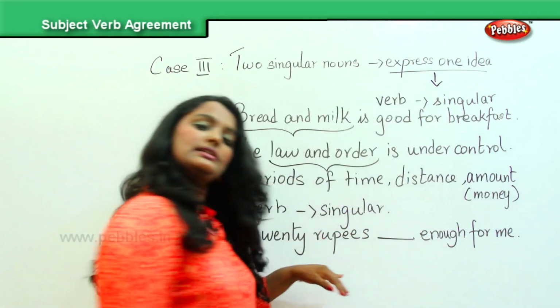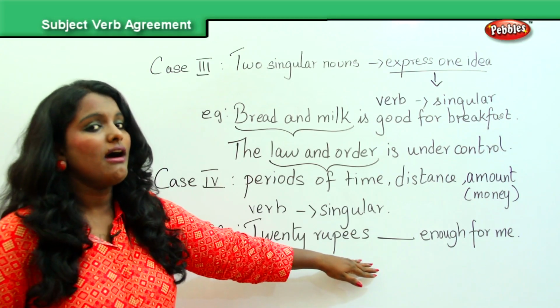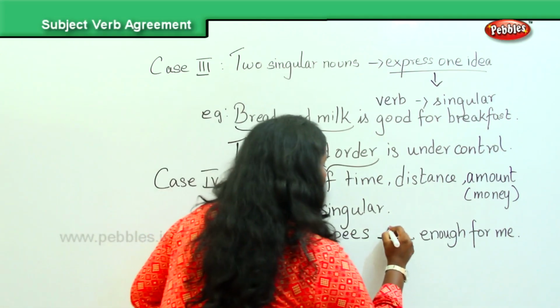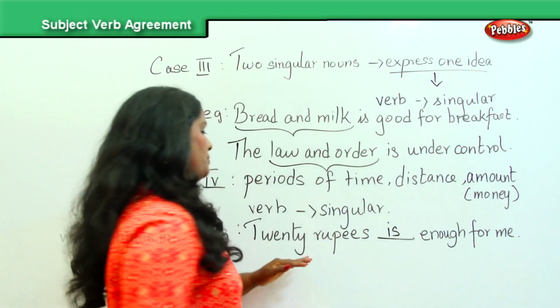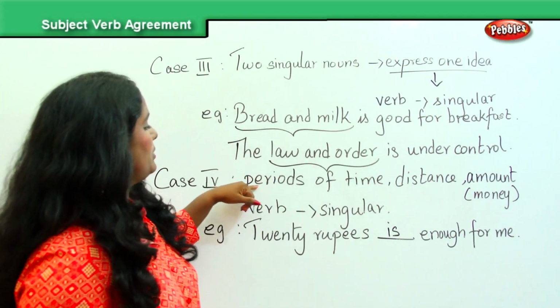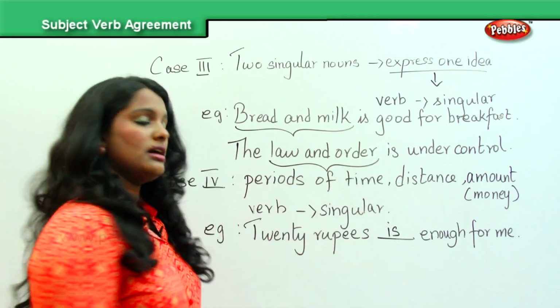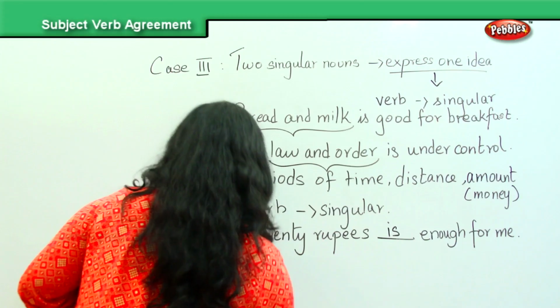So 20 rupees, though it is rupees, it's plural, I do not say are, but I say is. 20 rupees is enough for me. So that's what I was telling you, the periods of time, distance and amount. Now 20 rupees is amount, okay, it's money. Let me give another example.